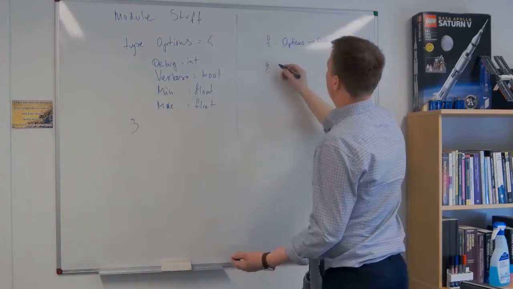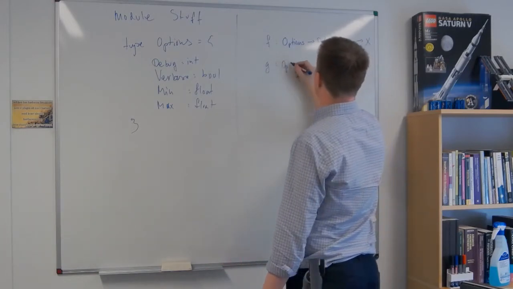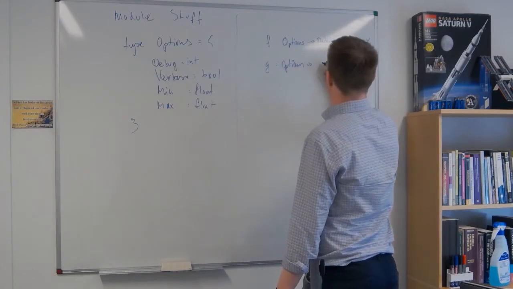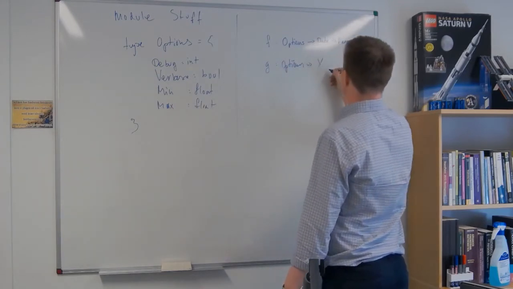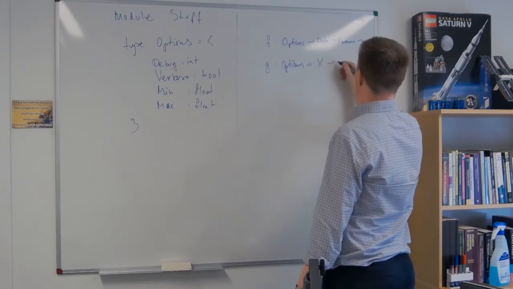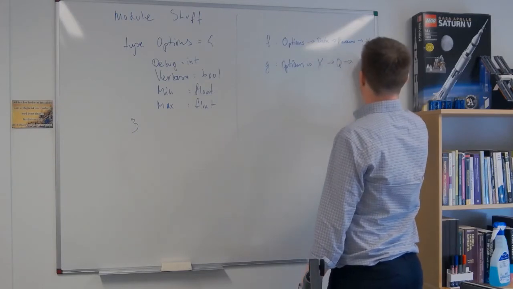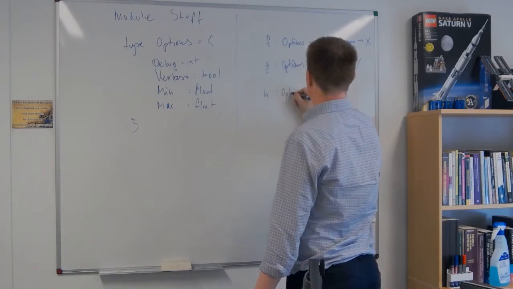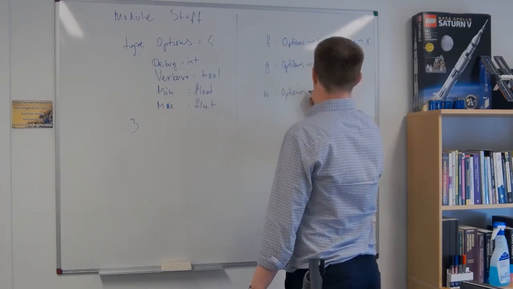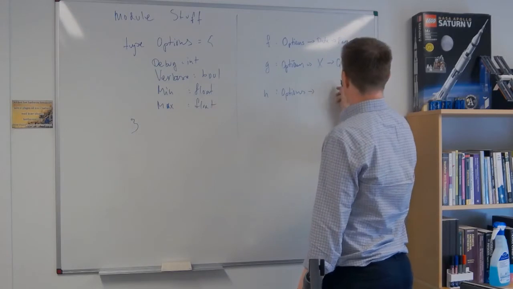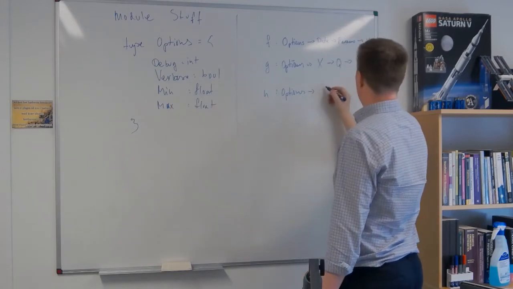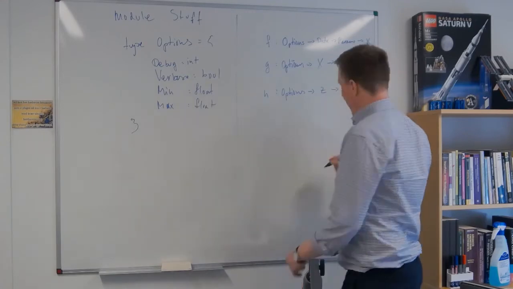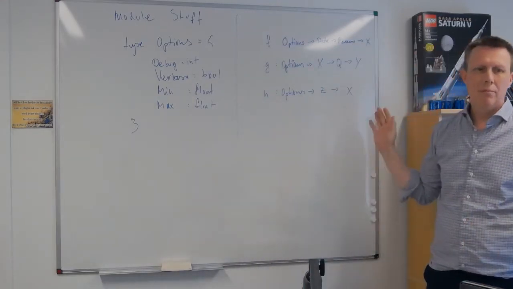I have some g function, it takes some options, maybe it takes an X, maybe it takes some Q to return a Y, and I may have even an h, and it takes some options, and maybe it takes a Z to return another X.